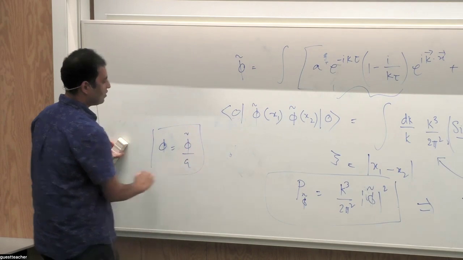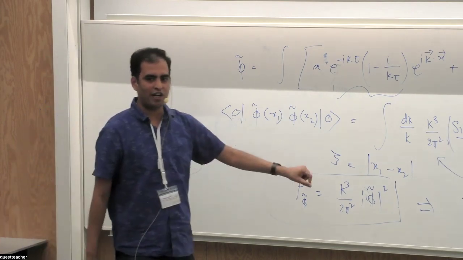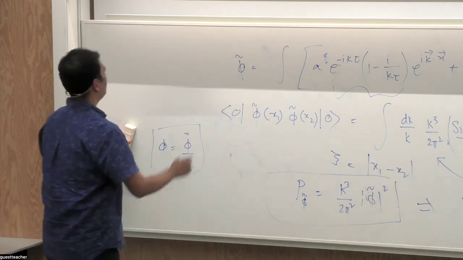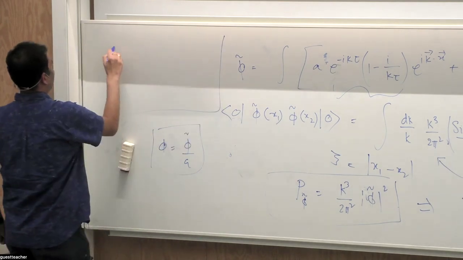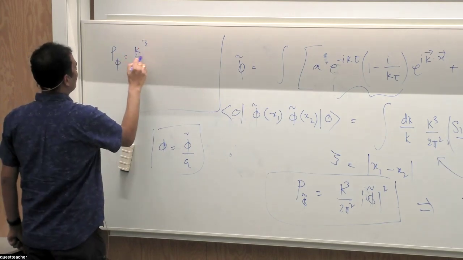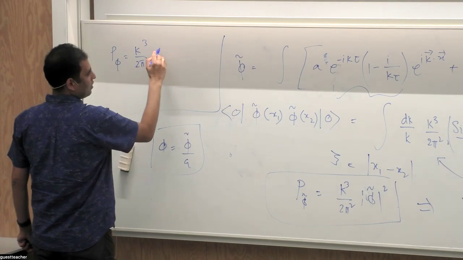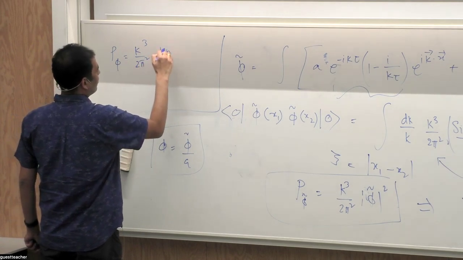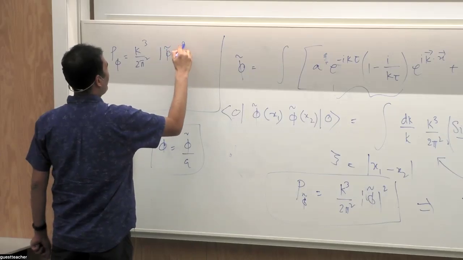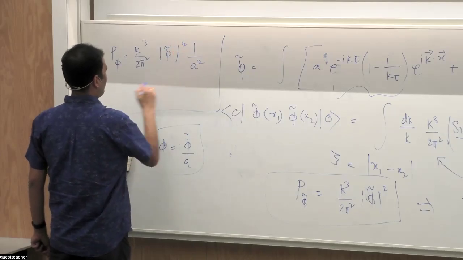If you want the correlation for phi, you need to divide by a squared. And this gives you the spectrum for the field phi. It is k cubed over 2 pi squared, times phi tilde squared, times 1 over a squared.